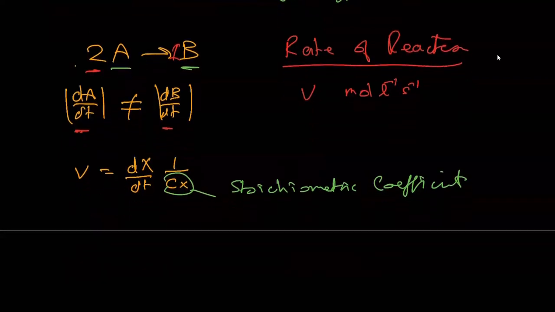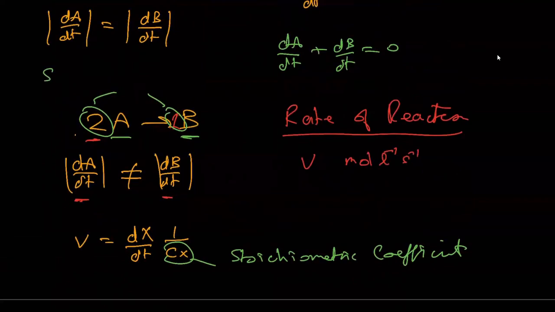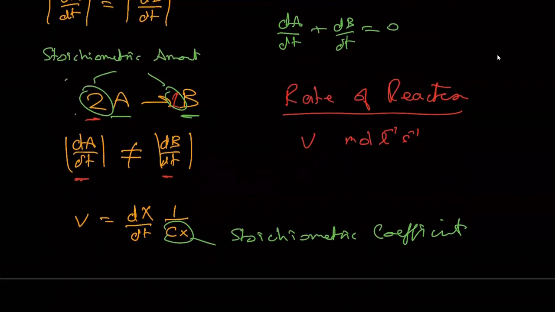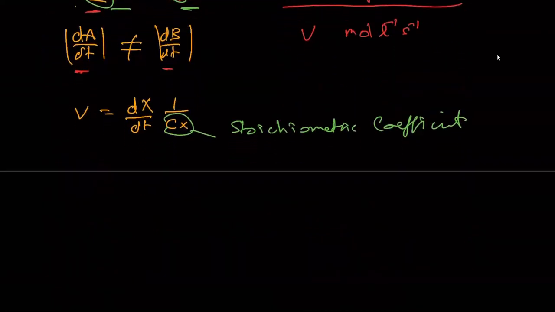The stoichiometric coefficient is taken directly from the stoichiometries in front of the species. In fact, I often refer to these numbers themselves as the stoichiometric amounts. The stoichiometric coefficients are the stoichiometric amounts, but the sign is set depending on whether the species is a reactant or product.